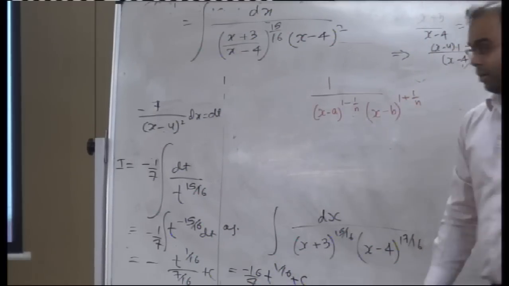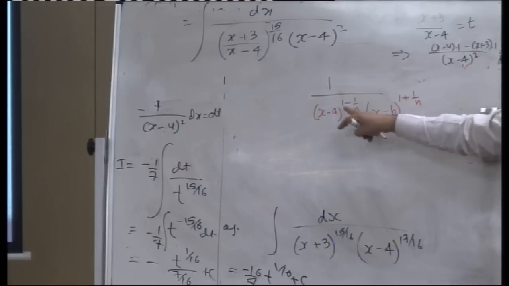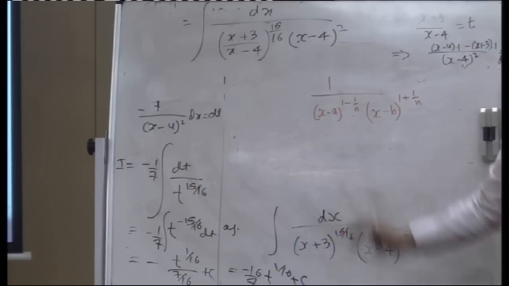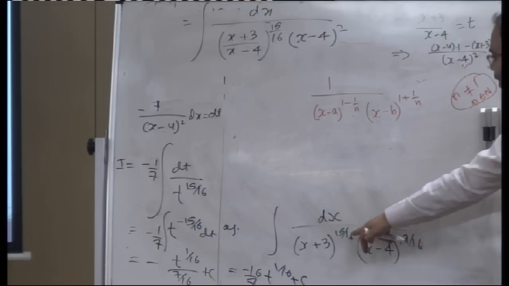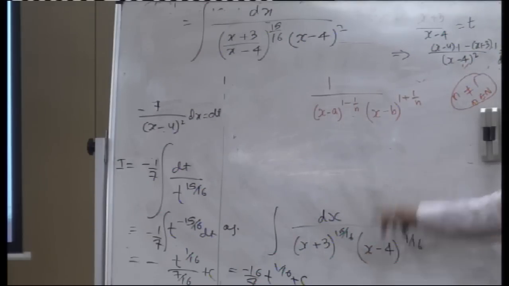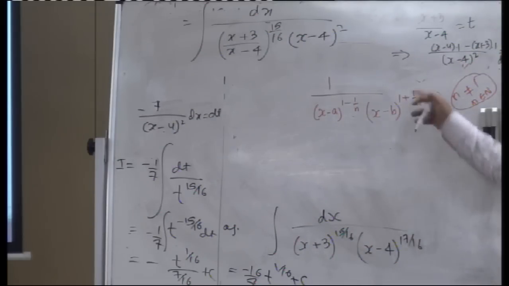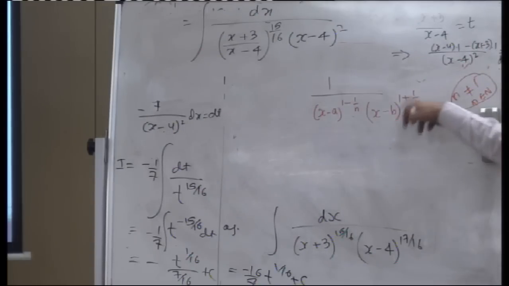If you observe, this is what the integrand form was. Here n is not 1 and n is a natural number. If it were 1, then this would vanish. Here n is actually 16: 1 minus 1 by 16 is 15 by 16, and 1 plus 1 by 16 is 17 by 16. So this form was matching with that form.